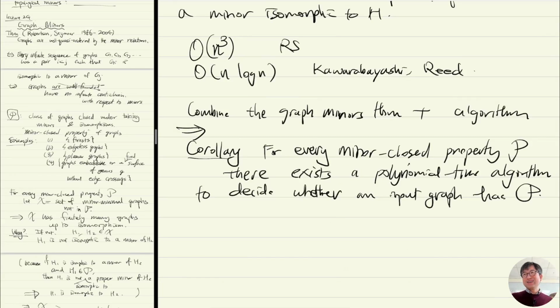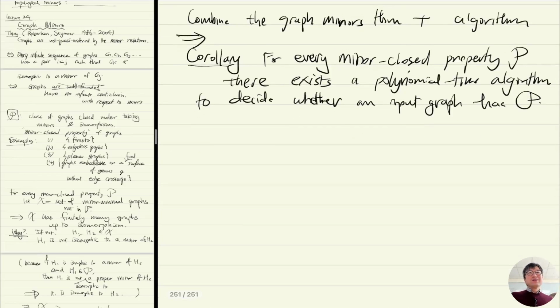So this is surprising. So, for instance, planar graphs. We know how to decide whether a graph is planar just by going through Kuratowski's theorem, the proof of Kuratowski's theorem. But this corollary says that there exists an algorithm. Okay, there exists an algorithm to decide whether a graph is planar.